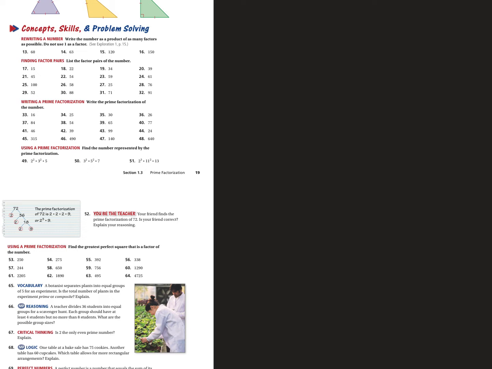Let's take a look at number 17. The instructions say, list the factor pairs of the number. The number is 15.